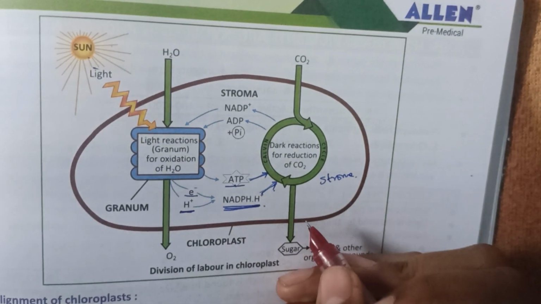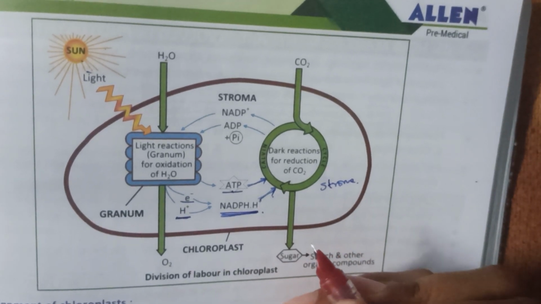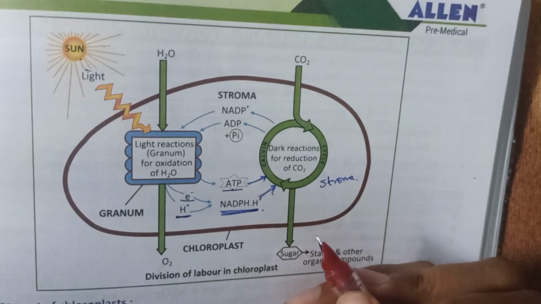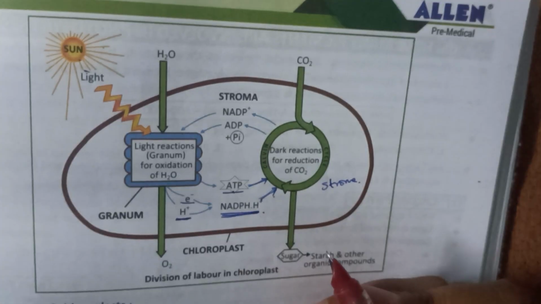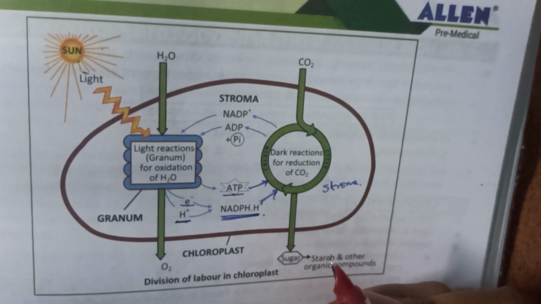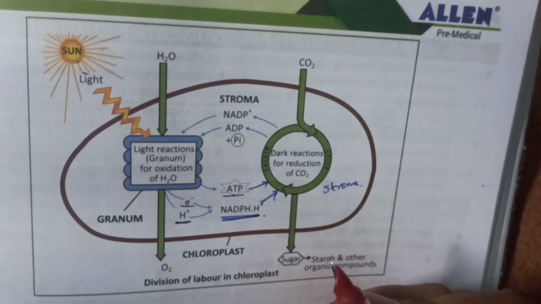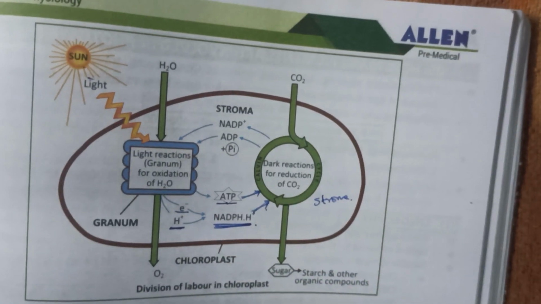At last, what we need to know is both light reaction and dark reaction take place inside the chloroplast only, but the light reaction takes place in the stroma lamella and thylakoids, while the dark reaction takes place in the stroma matrix, because the matrix has all the enzymes required for the synthesis of sugar.